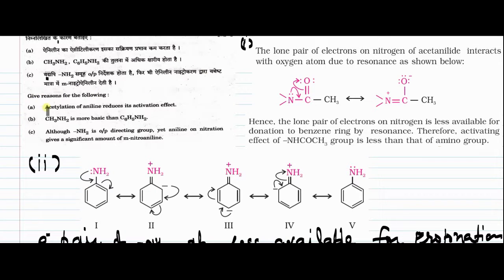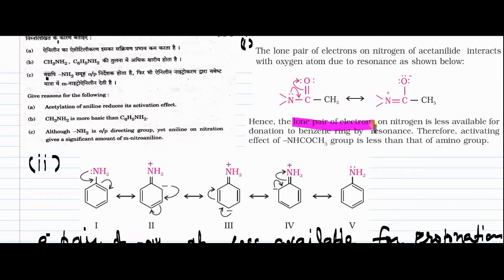Give reason for the following. Acetylation of aniline reduces its activating effect. Reason: the lone pair of nitrogen of acetanilide interacts with the oxygen atom due to resonance as shown below.